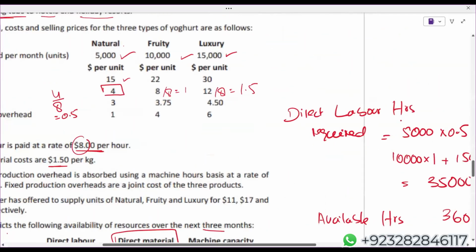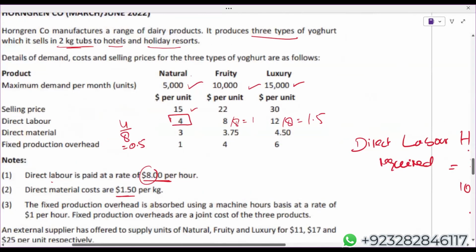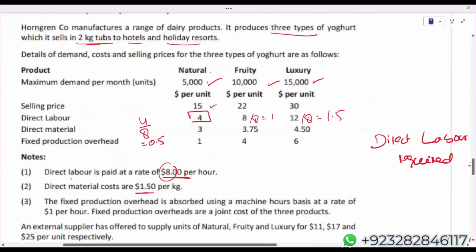Again, I'm repeating, the limiting factor is identified by using maximum capacity. For 1 unit of natural, the direct material cost is $3 per unit and the direct material rate is 1.5 per kg, so 3 divided by 1.5 gives us 2 kg. So 1 unit of natural takes 2 kgs of direct material.